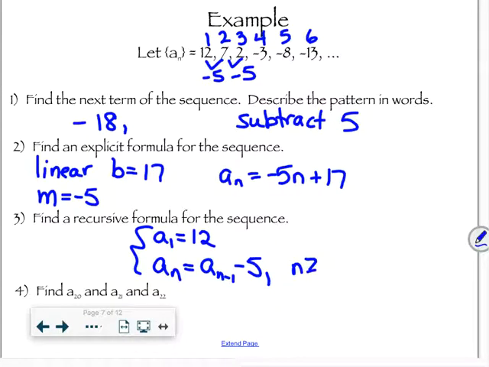Now, I put this on here, maybe I didn't explain it very well. Why do I say n is greater than or equal to 2? Why don't I say n is greater than or equal to 1? Why, though? What happens if I put 1 in here? That's 0, and I don't have a sub 0, like I'd be stuck. And then I'm going to say that n is an element of the set of natural numbers.